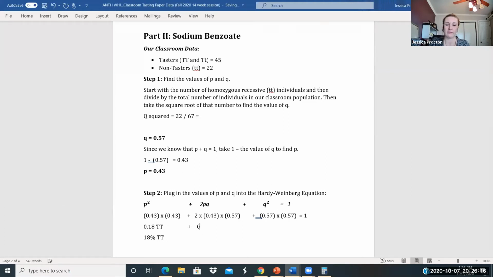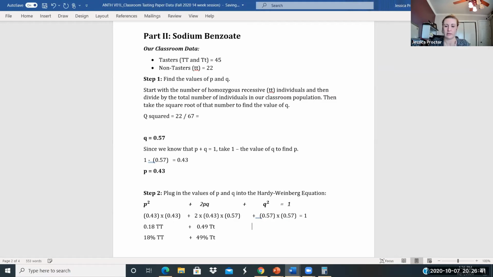So that is our frequency for the heterozygous portion of our population. If we want to turn that into a percentage, piece of cake, we move our decimal 2 places: 49% of our population is heterozygous at the locus that determines whether or not you can taste sodium benzoate.